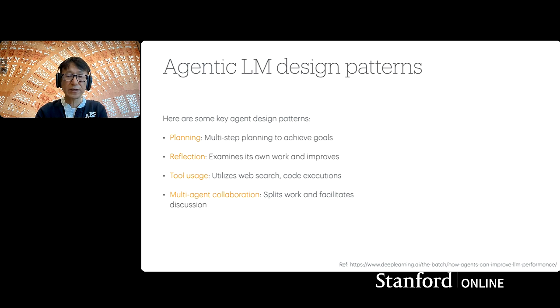Reflection is something the model can generate itself, and then the next model call can criticize the output that actually came from the same model. By doing this, the output could be improved. Tool usage is for something outside of the language model, where you need real-time information or a different type of information. And multi-agent collaboration is another way to handle this.